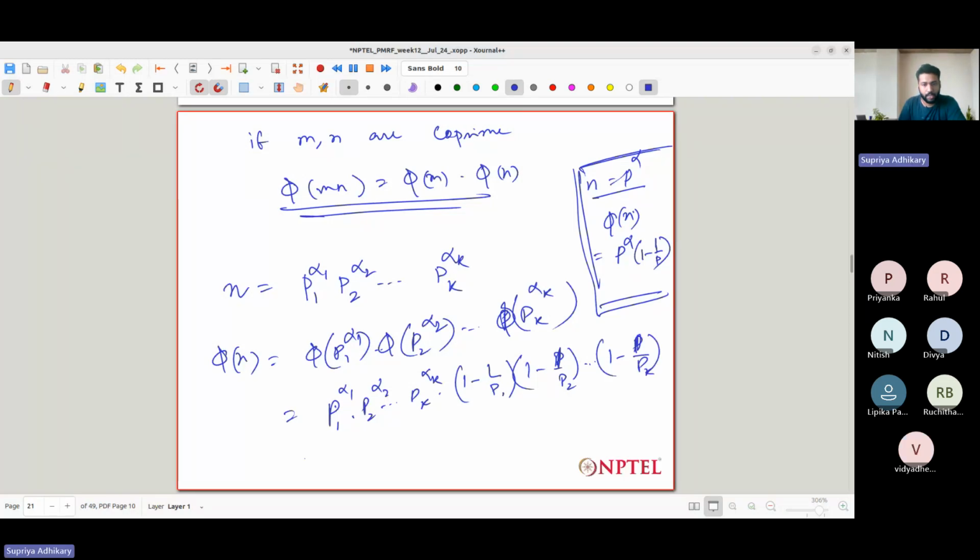So this is n multiplied by 1 minus 1 over p1, 1 minus 1 over p2, 1 minus 1 over pk. So this is how we compute the phi of n.